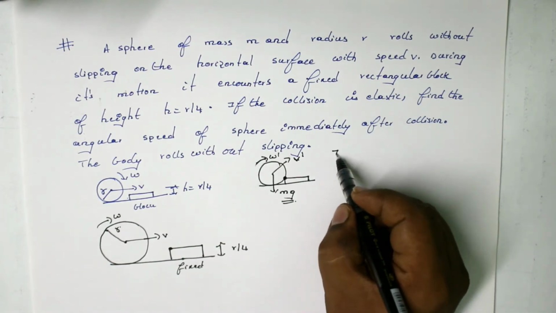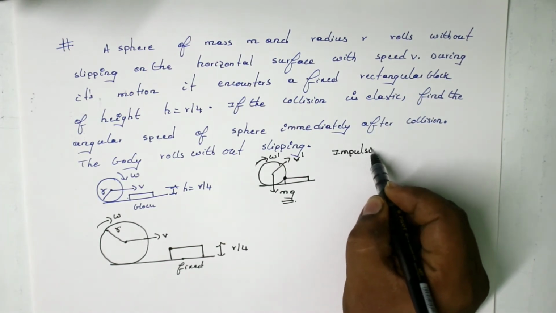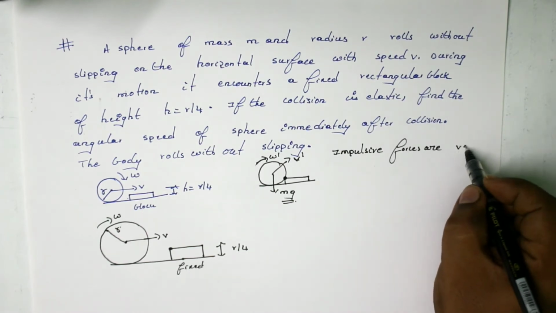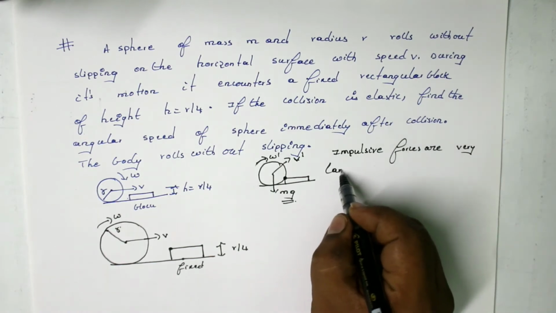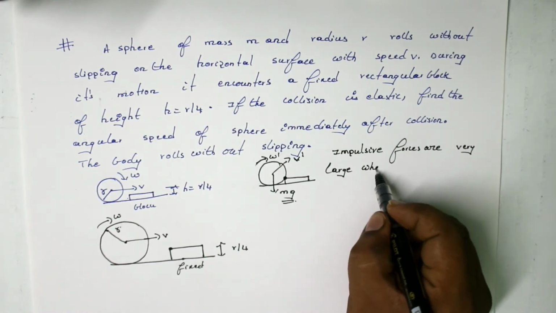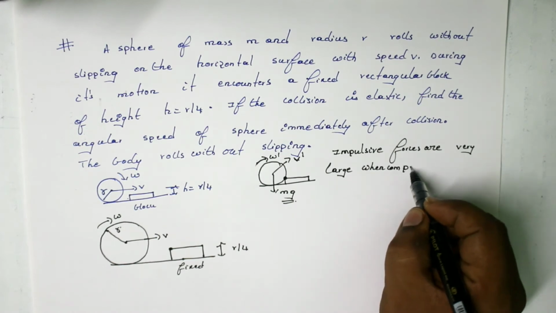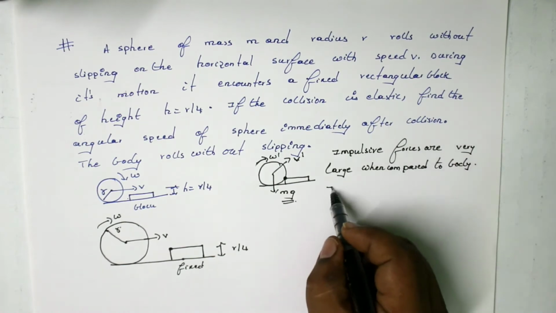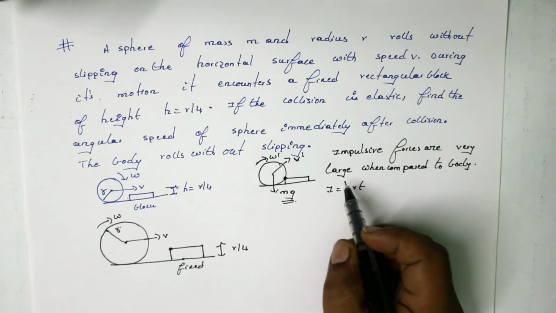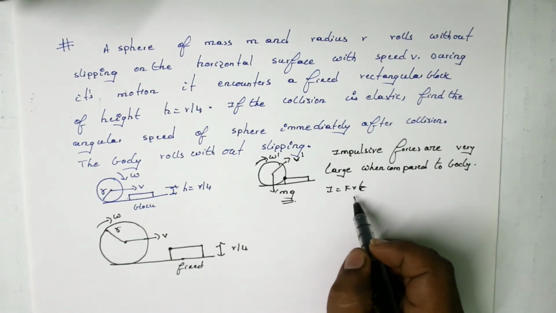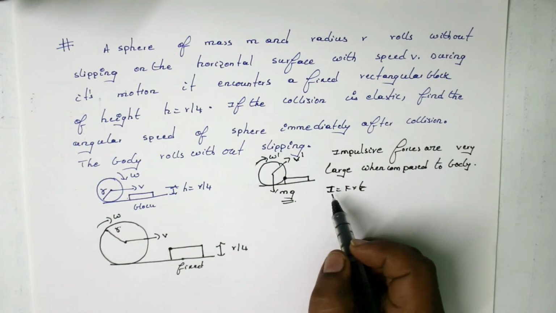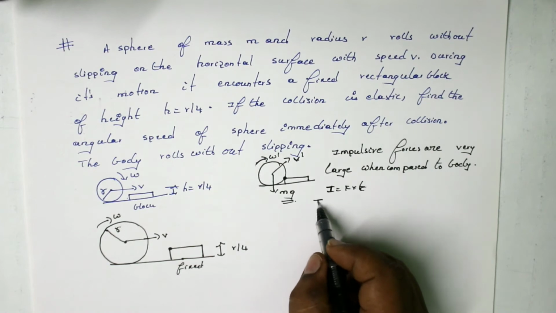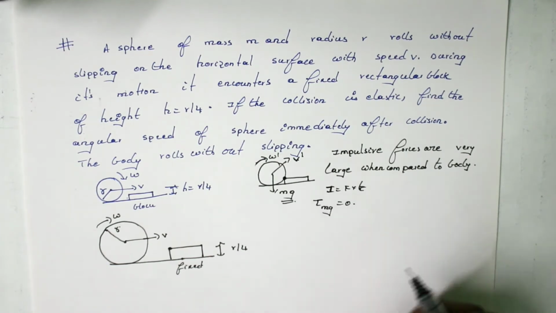So I can write impulsive forces are very large when compared to the weight of the body, because we know impulse is equal to F into t. This collision is happening for a very, very small interval of time. So the impulsive force generated will be very large when compared to the weight of this body, or I can say that the torque produced due to the weight of this body is 0.